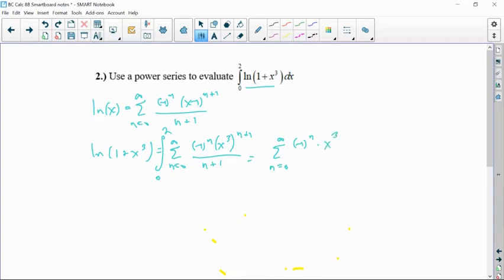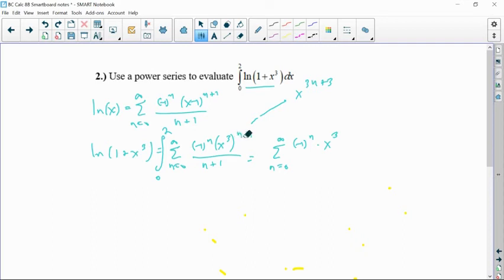Now really this was x cubed to the n plus 1, which, if this helps, you could think of as x to the 3n plus 3. So one more power would be x to the 3n plus 4.